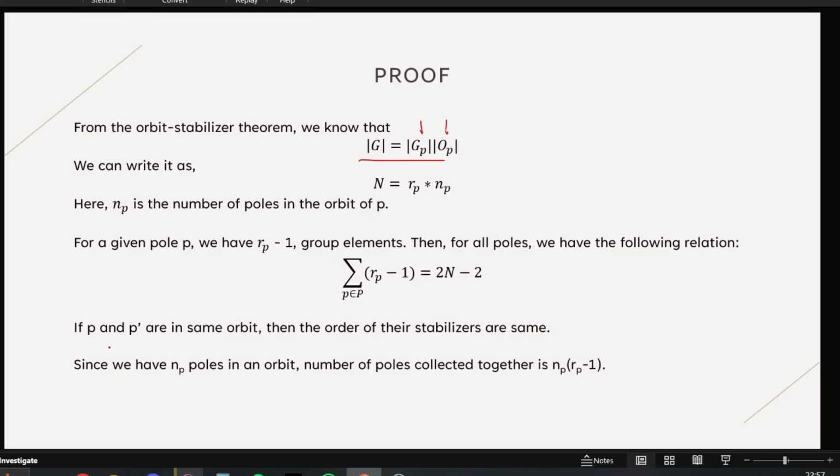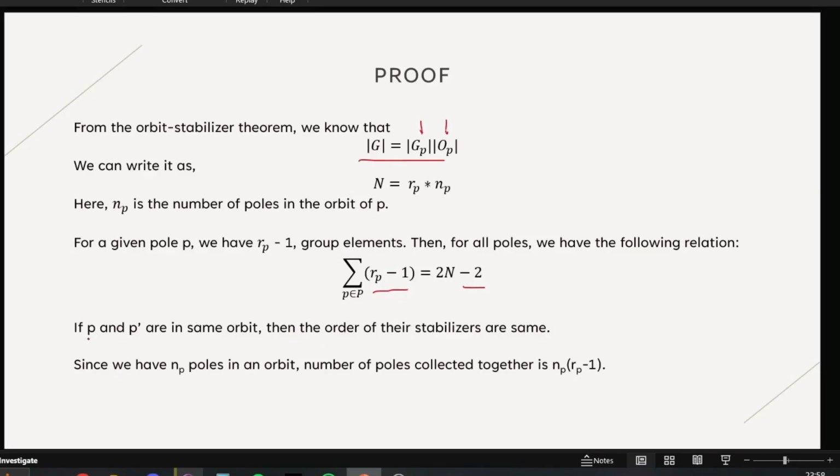So if we take that for all the poles, then we will have this relation. Here we have minus 2 because we are excluding the identity of the overall rotation, and here we have Rp minus 1 because for each pole we are excluding the identity. So we have taken all the poles here.